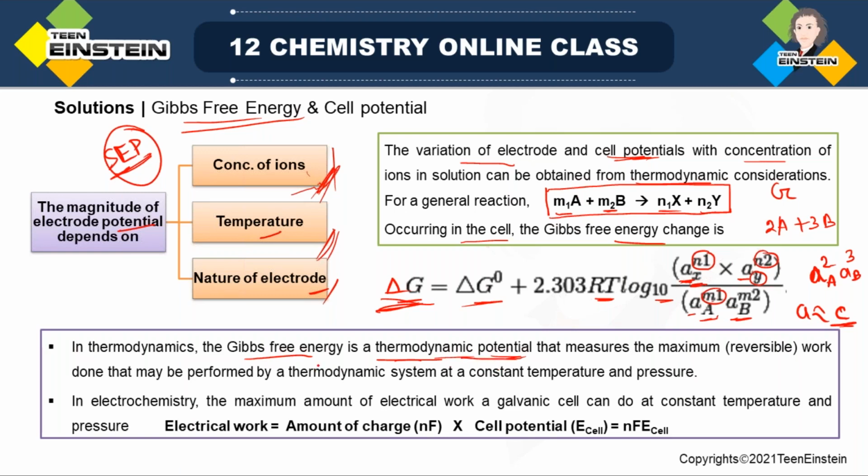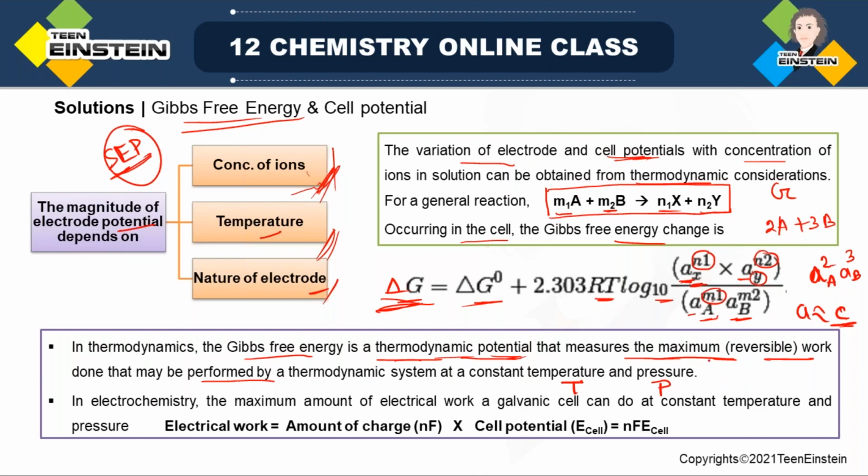Because if you know the Gibbs free energy value, then you can measure the maximum reversible work that is possible, because the maximum reversible work done is related to the decrease in del G value. It measures the maximum reversible work that may be performed by a thermodynamic system at constant temperature and pressure. How we can get it, we'll see in the next slide.